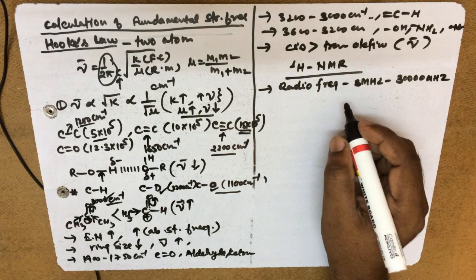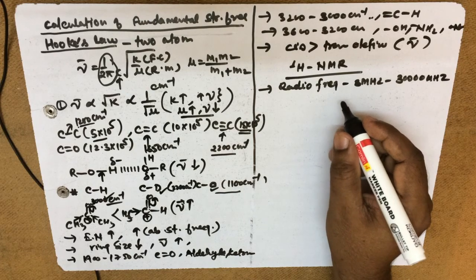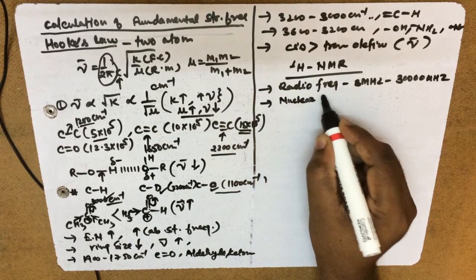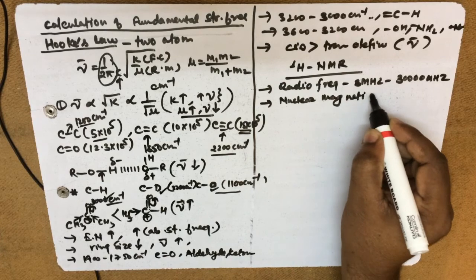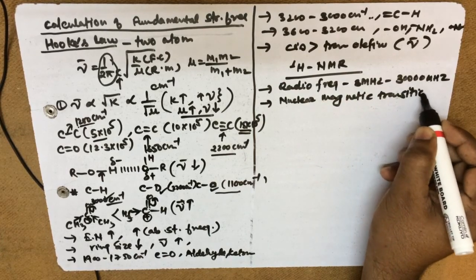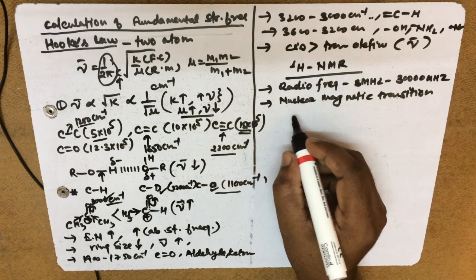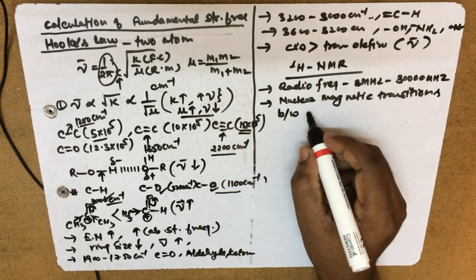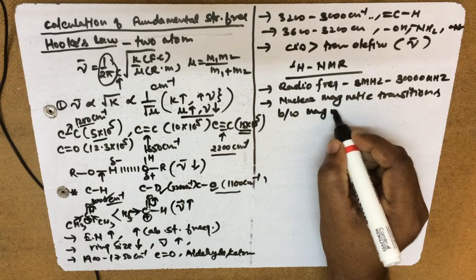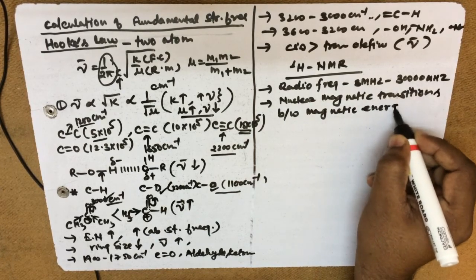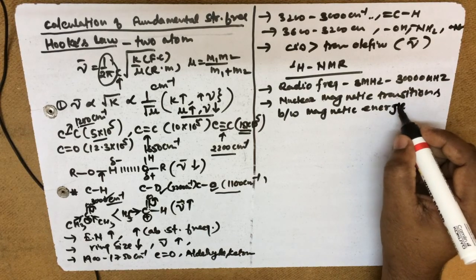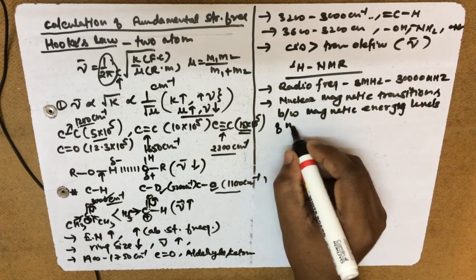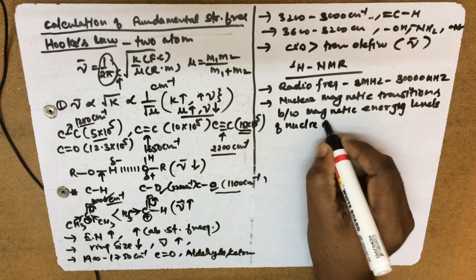Right. So here basically the nuclear magnetic transition happens between magnetic energy levels of nuclei in the molecule.